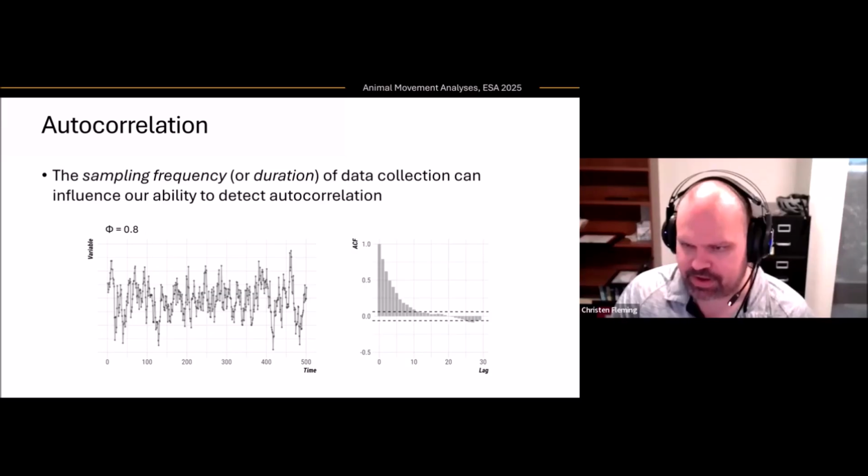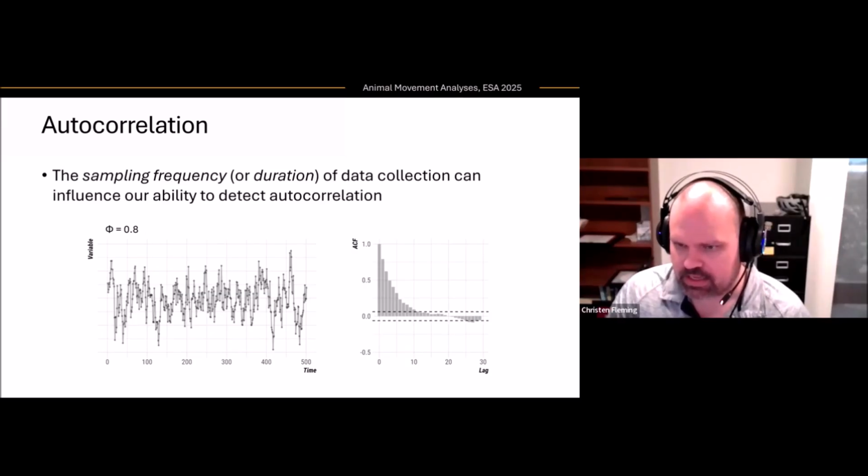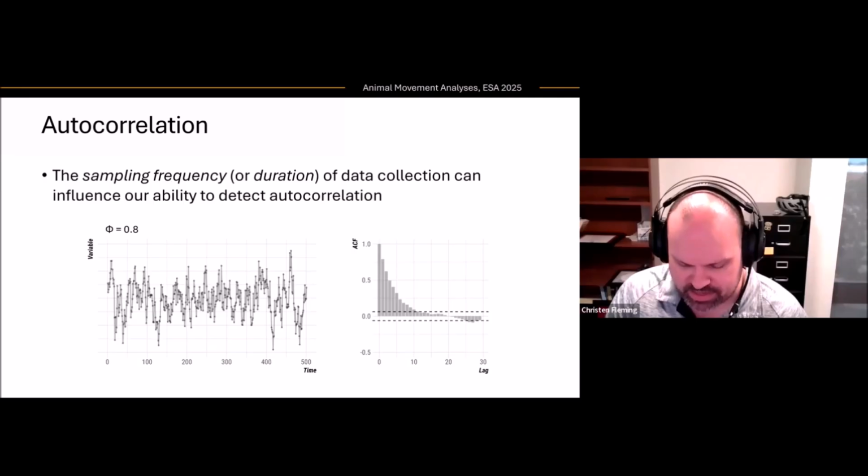And the sampling frequency can influence, and does influence, our ability to detect autocorrelation. So the actual movement process itself will have a certain amount of autocorrelation, and we will or we won't detect some or all of that depending on how we sample the process.